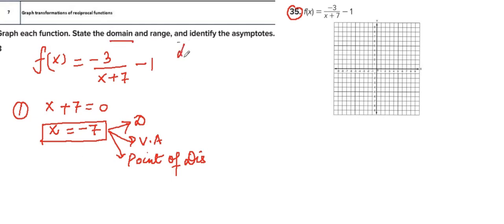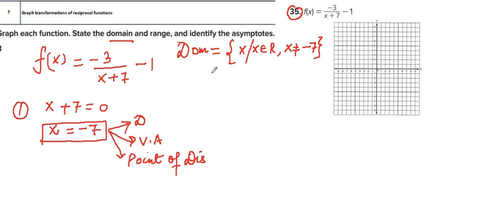So how are you going to write the domain? Domain is all real numbers: x belongs to real numbers, and x should not be equal to minus 7. Or simply you can write in a sentence in the exam: domain is all real numbers except minus 7.